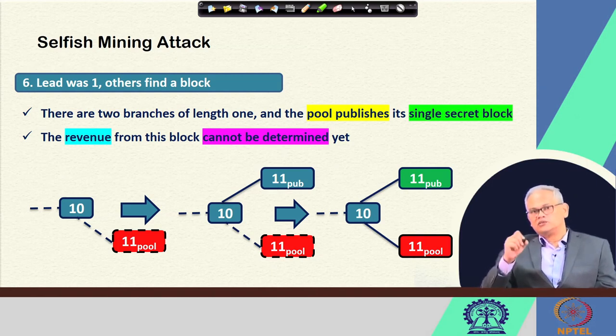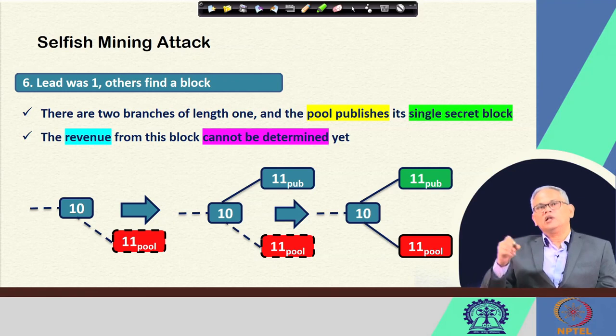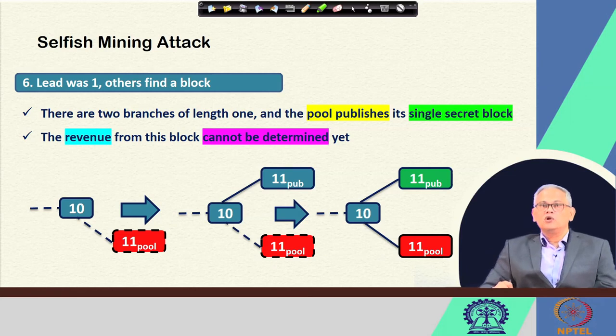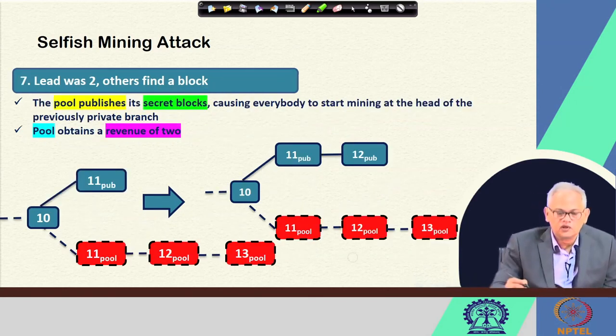So the attacker again has some advantage, meaning the attacker will only be trying to add after 11 pool, but the general public, some of them will be trying to add after 11 pub and some after 11 pool. So if the next one gets added after 11 pool, then the attacker will get revenue out of this 11 pool. That is what we have already discussed in a previous scenario.